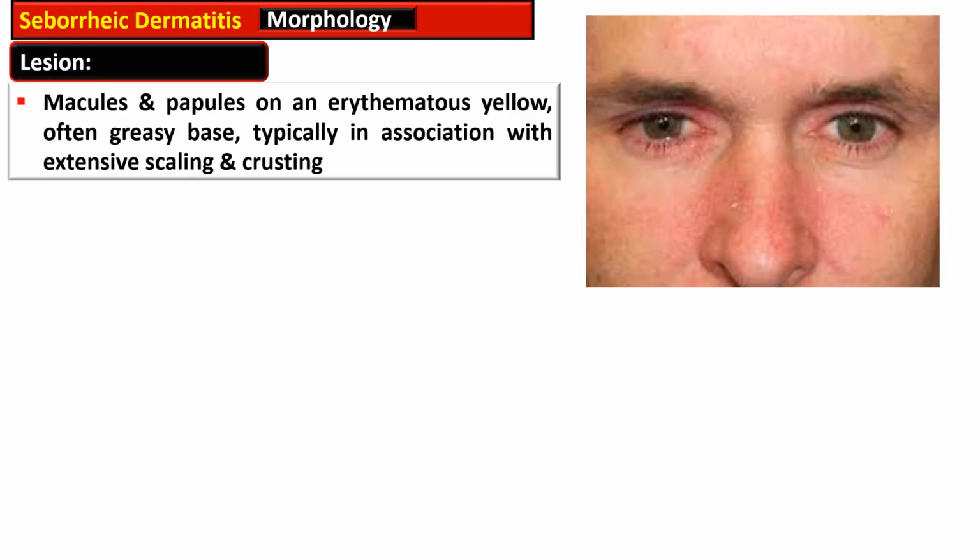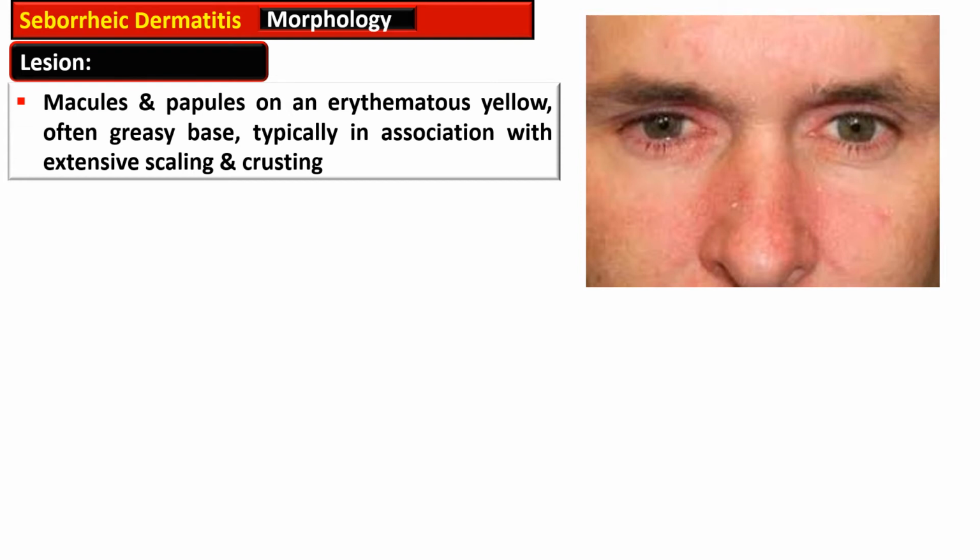The lesions of seborrheic dermatitis are macules and papules that have an erythematous, yellow or greasy base, and there is especially an association with extensive scaling and crusting.